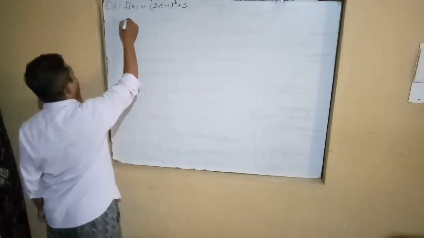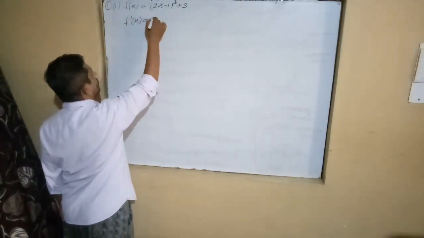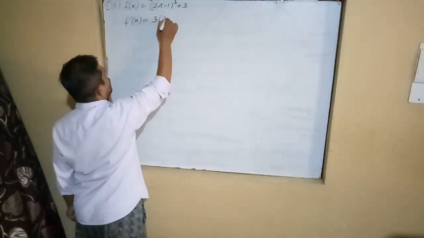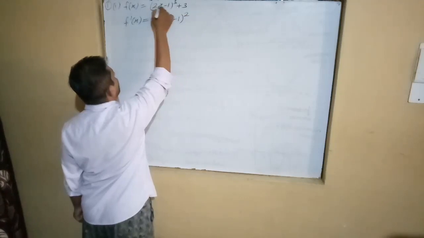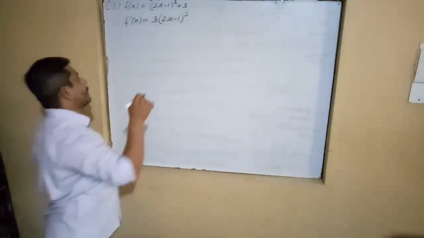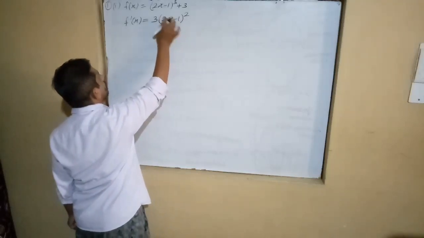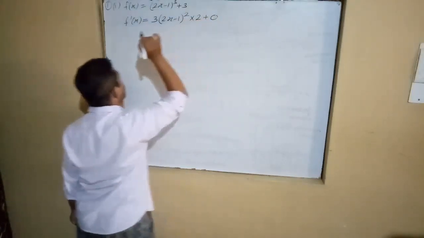So first, according to the first derivative test, we first find the value of f'(x). So f'(x) = 3(2x - 1)^2, and since 2x - 1 is not actually x, we again have to differentiate it. 2x gives 2, and 1 gives 0.